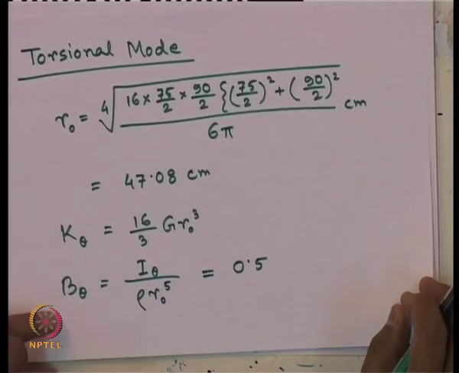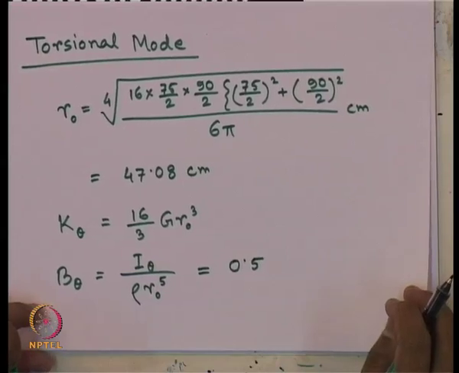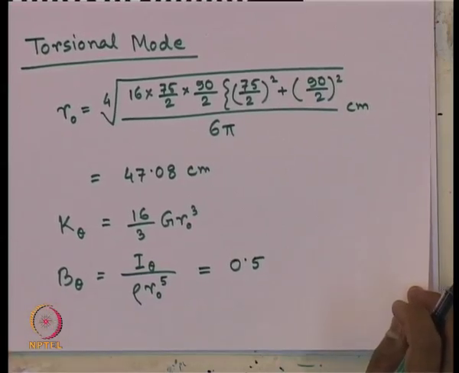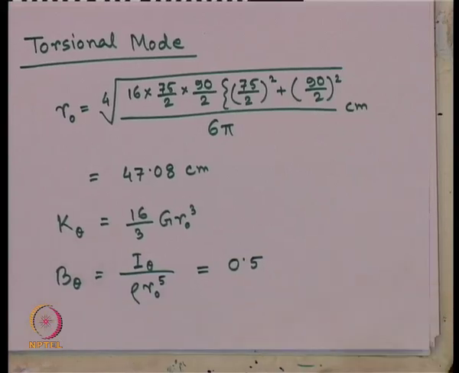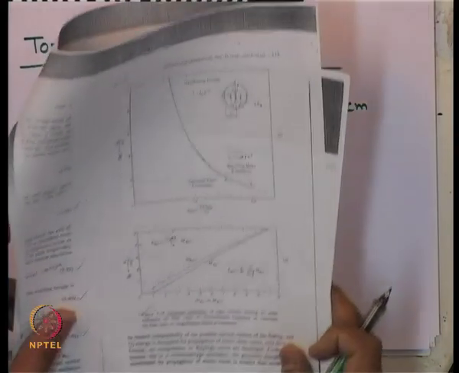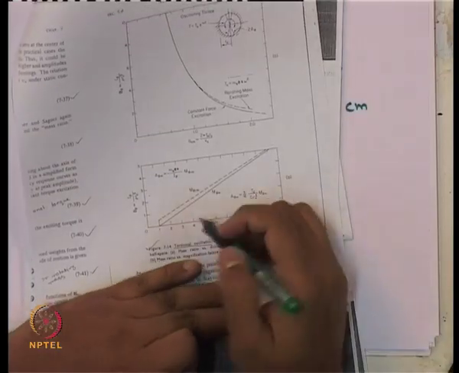Now, for this b theta equals 0.5, let us look at the design chart, which was given to us earlier. Let us refer to the design chart of Richard's book for torsional mode of vibration. So, which design chart should we follow? This one.